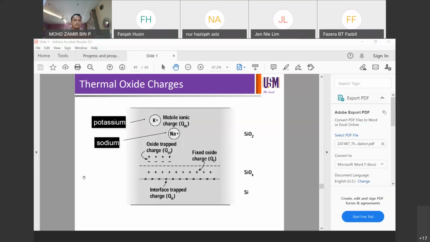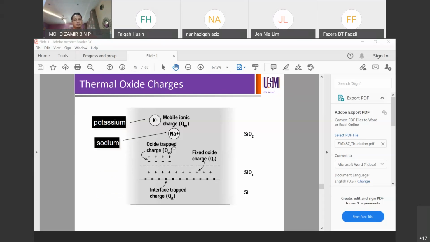Okay, thermal oxide charges, potassium, like potassium charge K plus, sodium charge Na plus, they are all mobile charges. So charges are detrimental for your oxide process because you wanna create an insulator layer, but if you have mobile oxide charges, they will be detrimental because they will counter the effect of your insulator.